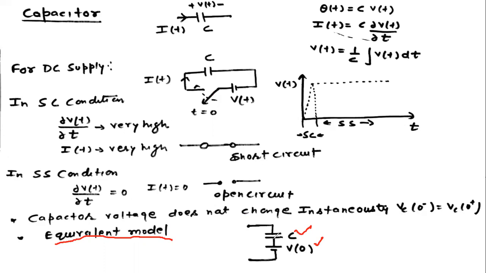If we have changed this condition at t equal to t1, we represent this voltage as v(t1). So the equivalent model of a capacitor is always represented with the value of capacitance with an initial voltage or switching voltage across it.